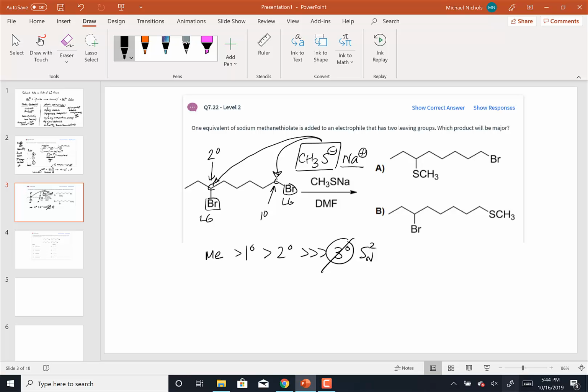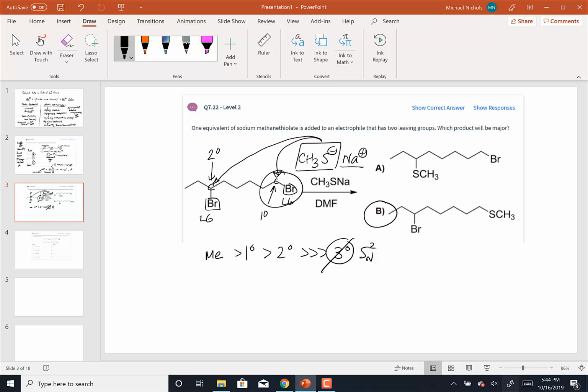So which carbon is more sterically accessible? This one. So the thiolate, which is a deprotonated SH, which is called the thiol, will react with the primary carbon faster than the secondary.